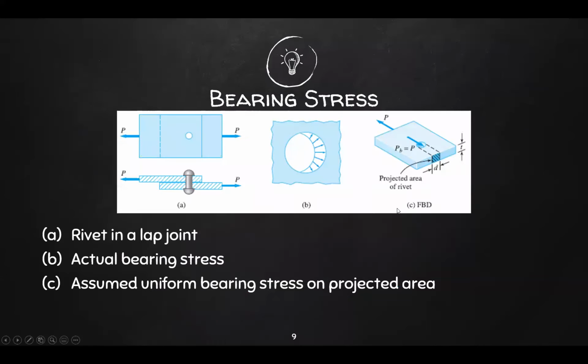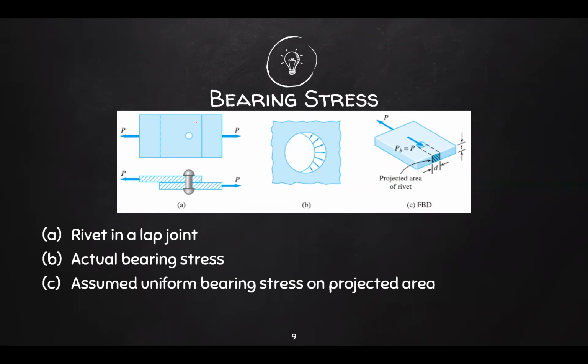Okay, now let's go back to that rivet. It was mentioned that a rivet also experiences bearing stress. To illustrate, we have the following drawings. Again, on A, we have a rivet and a lap joint. Now in actuality, let's take the top part of the lap joint. It's pulling towards the left.